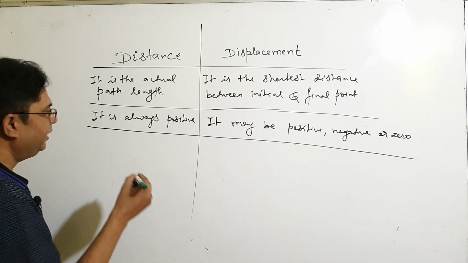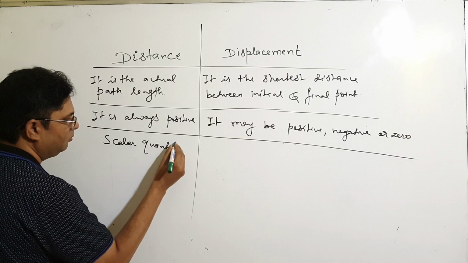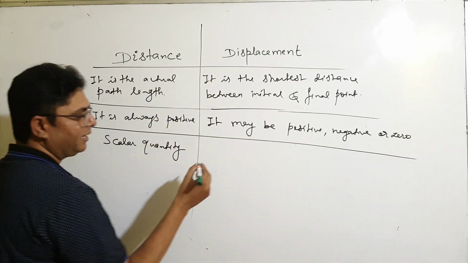Distance is a scalar quantity. Displacement is a vector quantity.